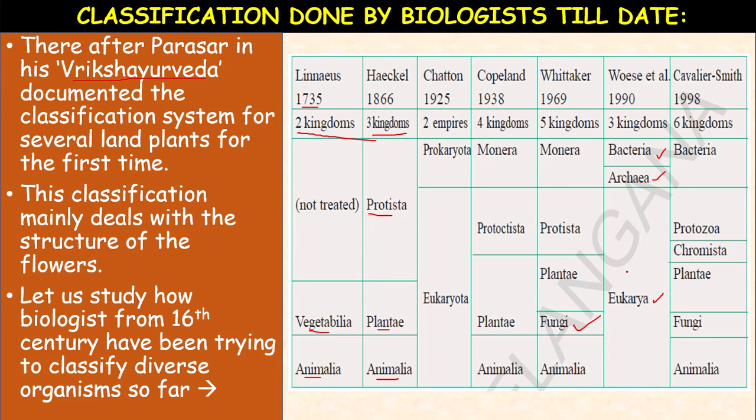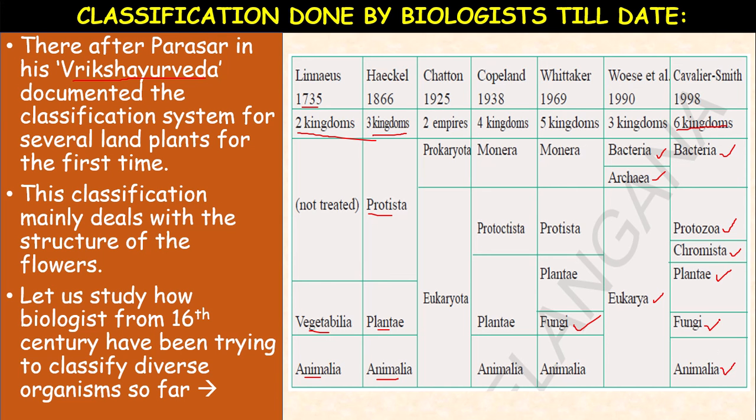And after him, finally in 1998, Cavalier-Smith introduced a six kingdoms classification. According to him, bacteria, protozoa, chromista, plantae, fungi, animalia.